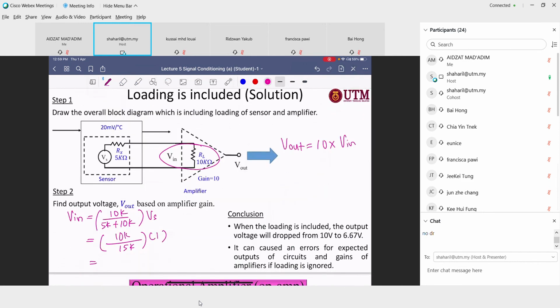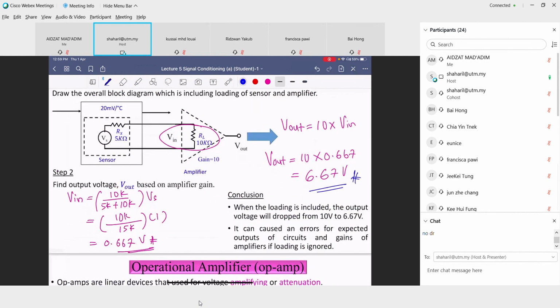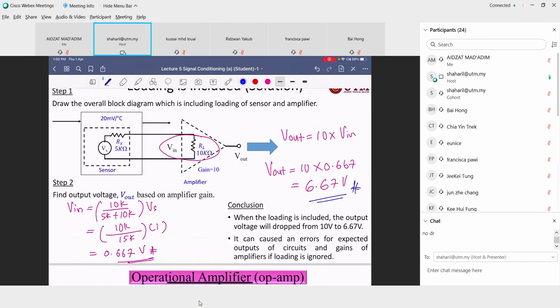Then your V out is 10 times 0.667, which gives 6.67 volt. That is the concept of loading. In this case, our loading is the signal conditioning.